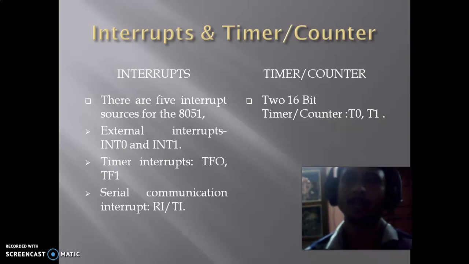We can write a program into it and install the 8051 microcontroller into the system. The 8051 microcontroller is very small in size, so we can install it into any kind of system, so that an embedded system can be made and can perform its task.